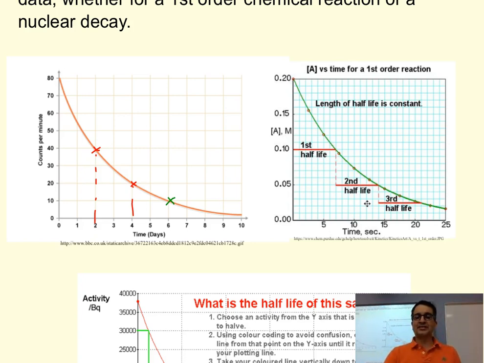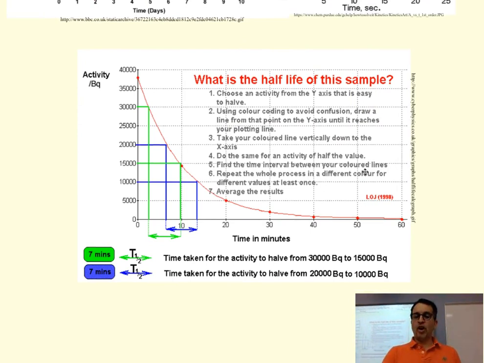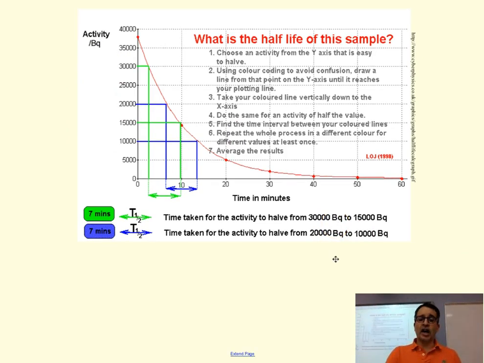And so it's relatively straightforward to find the value of half-life. All right. So here you are. You can look at different ways in which we measure activity. It can be measured in becquerels or other units. Okay. So always find a particular value and half that amount, and you should be able to measure that time, and it should be a constant.